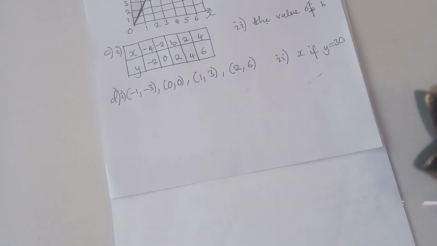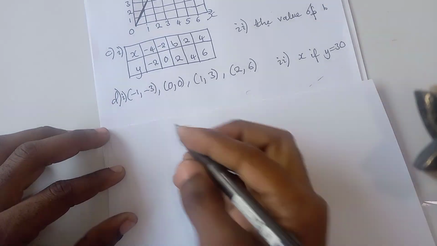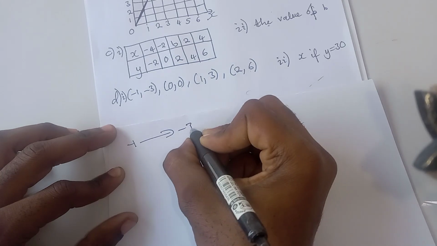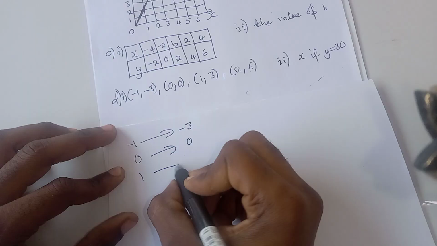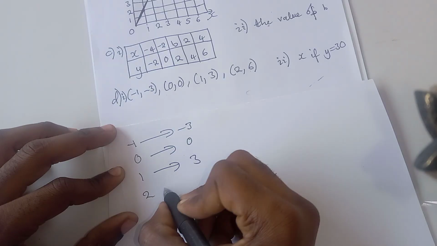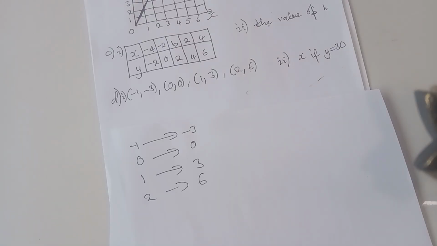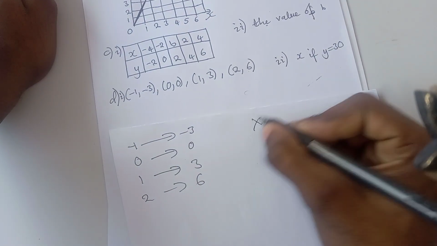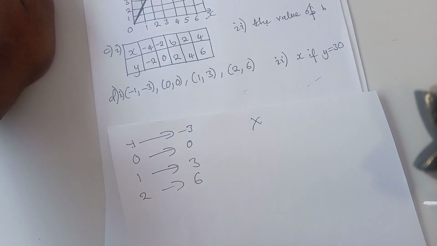And then lastly, we have another one. In this case, the data has been presented in coordinate form as ordered pairs. So we have -1 being mapped to -3, 0 being mapped to 0, 1 being mapped to 3, 2 being mapped to 6. Let's start with addition.